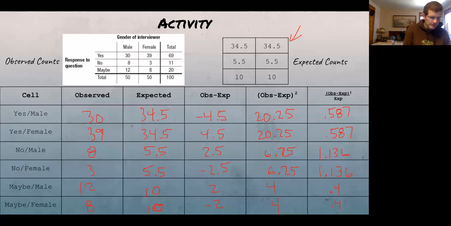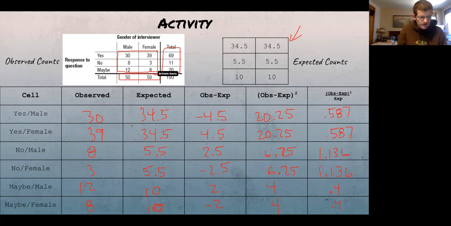And I'll say this now, and this is going to be important later. These are the cells that we are concerned with. We use the marginal distributions when we're figuring out our expected value. But now for the rest of this, we don't care about those numbers. So we want to focus only on the observed counts and expected counts. That's going to be important when we go to the calculator later, okay?